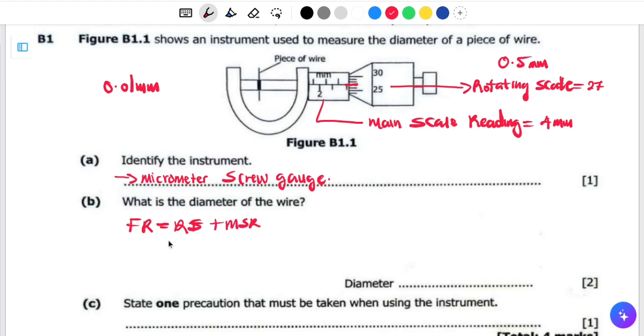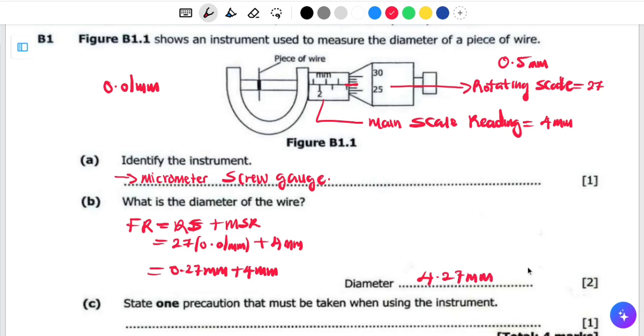So for the rotating scale, we have 27 multiplied by 0.01 millimeters, plus the main scale reading, which is 4 millimeters. When I multiply, I get 0.27 millimeters plus 4 millimeters. As a result, my answer is 4.27 millimeters. So that is our final answer.